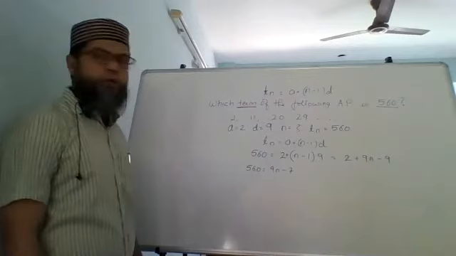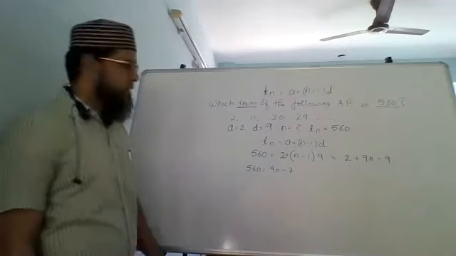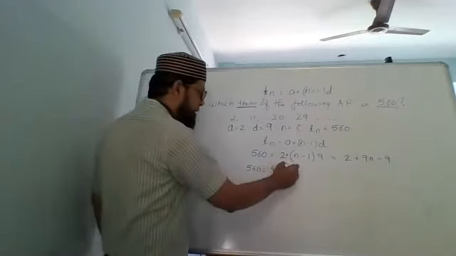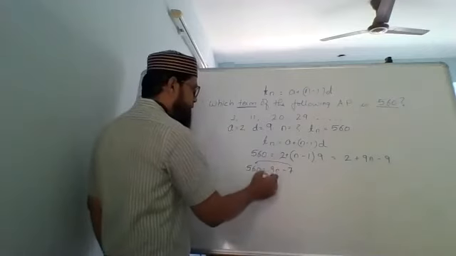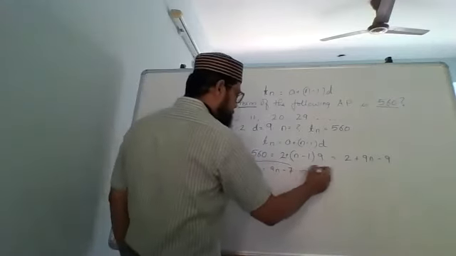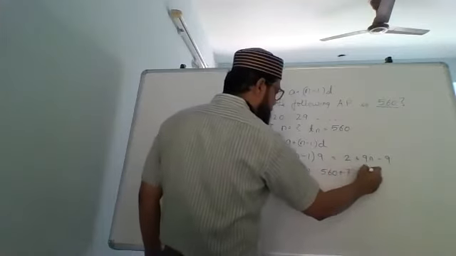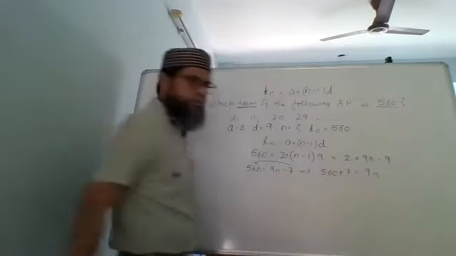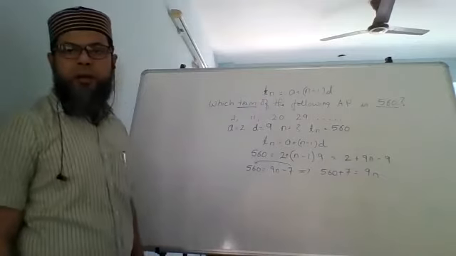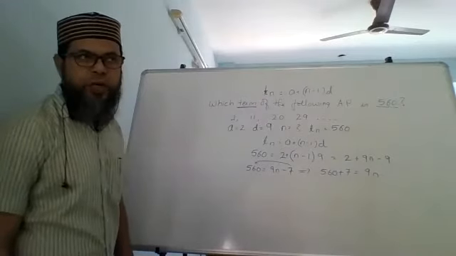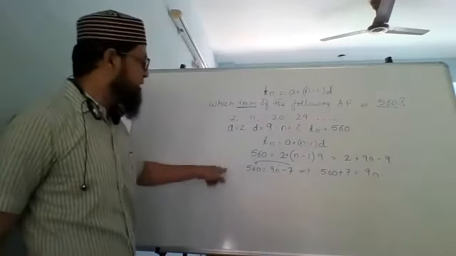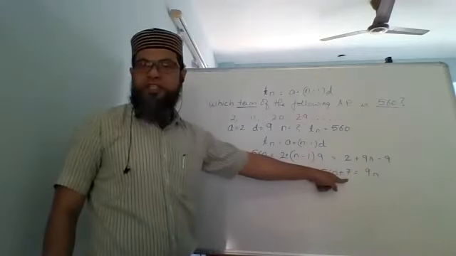560 equals to 9n minus 7. Bring this minus 7 this side, it will become plus. So you will have 560 plus 7 equals to 9n, because side changes, sign changes.